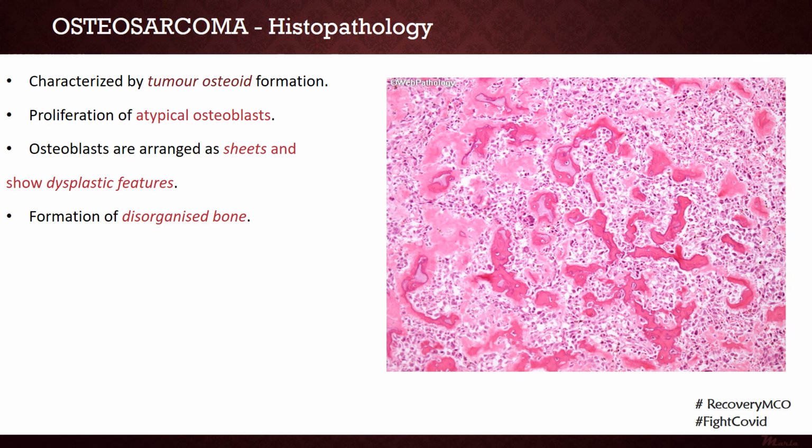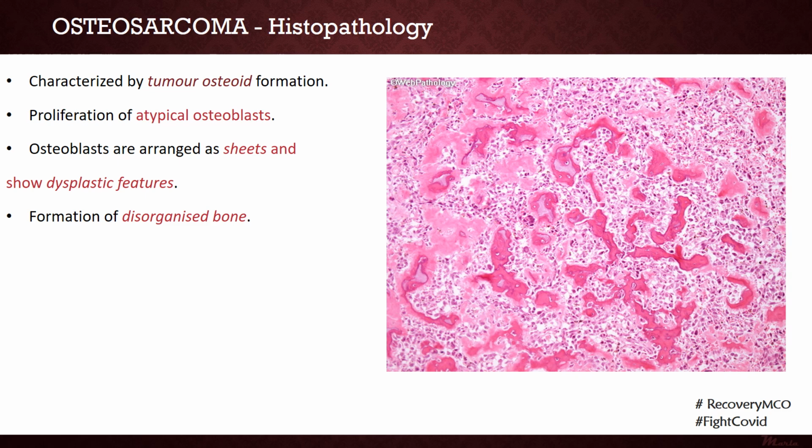It can be seen that the proliferation of osteoblasts results in excessive number of osteoblasts such that they are present as sheets. These osteoblasts will secrete the bony matrix haphazardly throughout the tissue. This bony matrix is referred to as osteoid, specifically referred to as tumor osteoid.